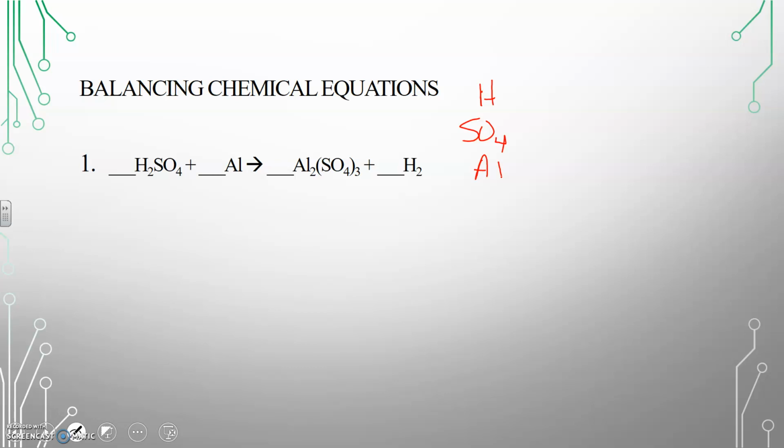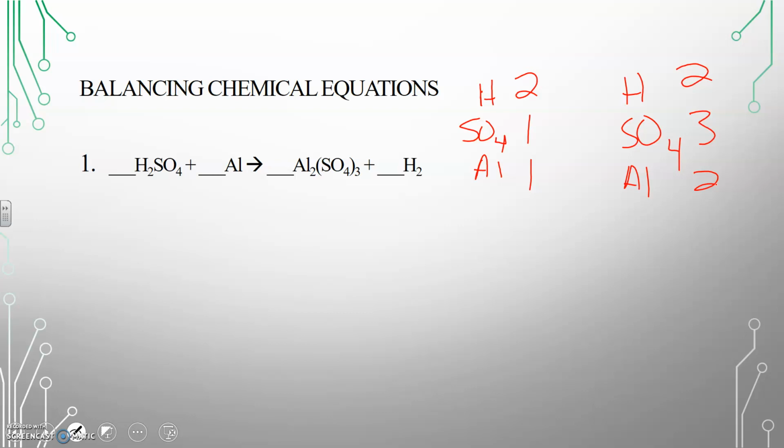We also have the same elements on our product side. So we start off with 2 hydrogens, 1 sulfate and 1 aluminum. On the product side, we still have 2 hydrogens, but now we have 3 sulfates and 2 aluminums.